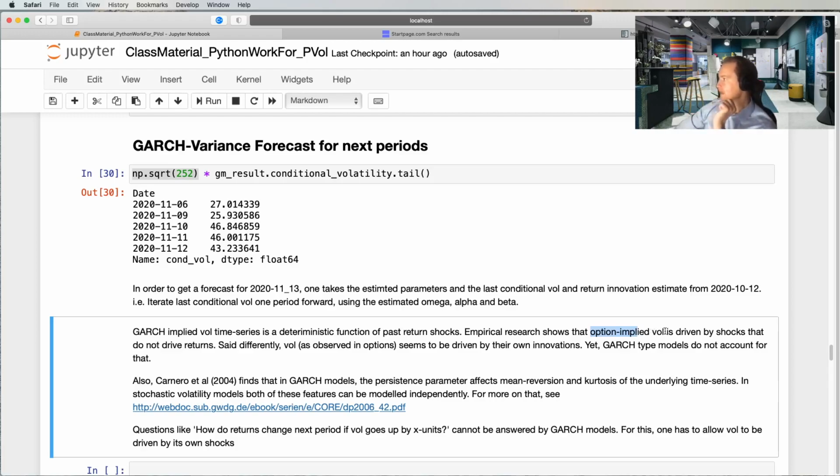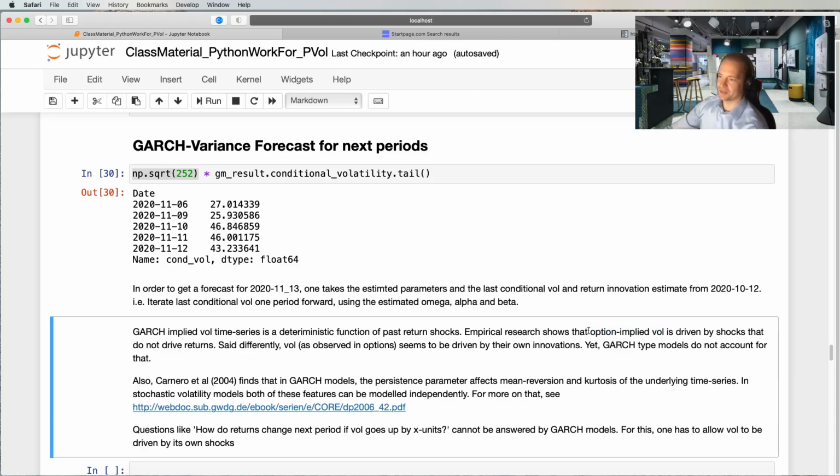As the last comment in the chat says, we will look at how strong the correlation is between option vol of firms and the underlying parametric time series approaches that we talk about. And we will also check whether this option vol co-moves with return innovations.